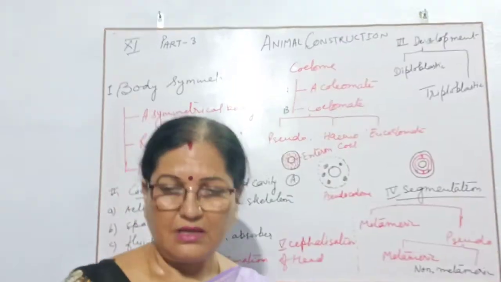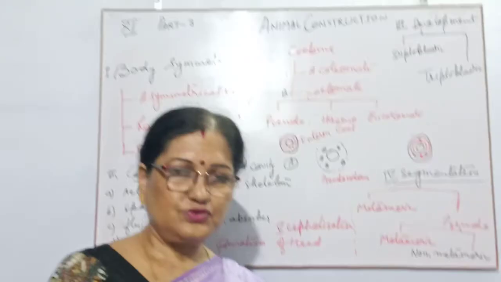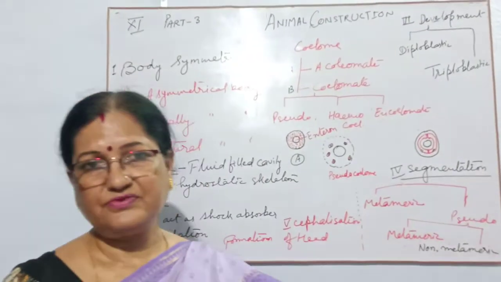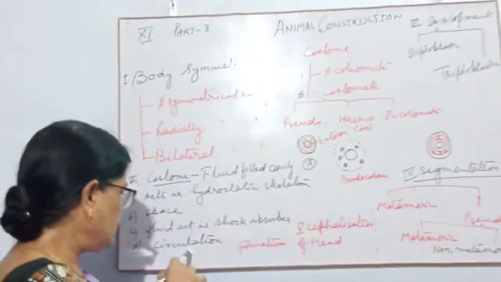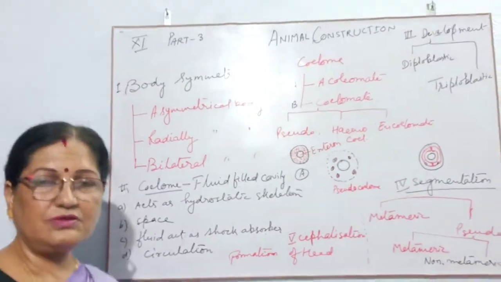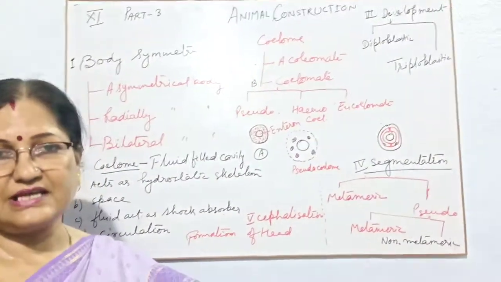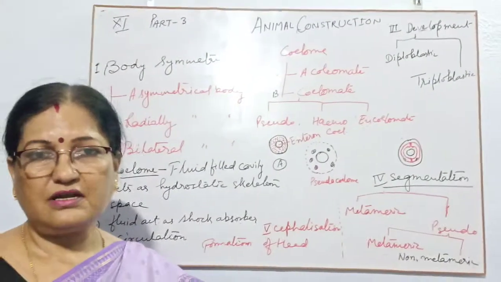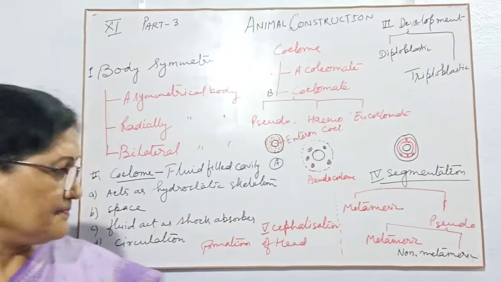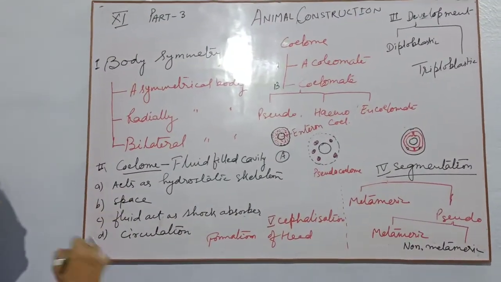Every time blood passes something to the tissue with the help of diffusion, the coelomic fluid helps in the circulation, because first they will collect it and then slowly it will go inside the cell. So these are the 4 activities of the coelomic fluid.